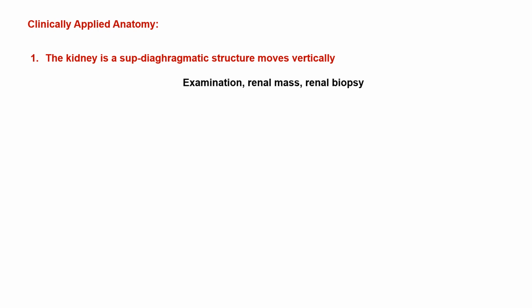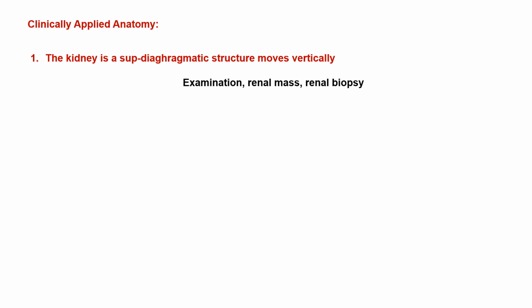Before we finish, it is better to get some clinically applied anatomical points. First one, the kidney is a subdiaphragmatic structure which moves vertically. This is important in clinical examination as you could feel the lower pole of the right kidney on deep inspiration in thin persons.